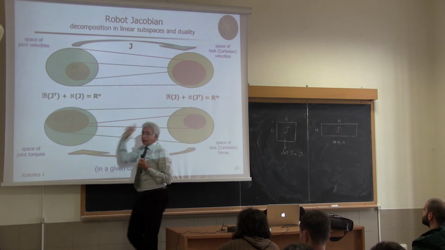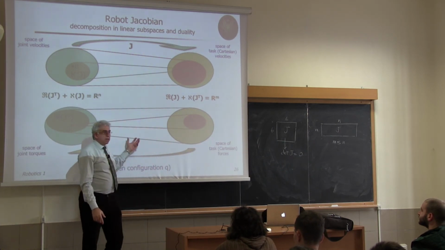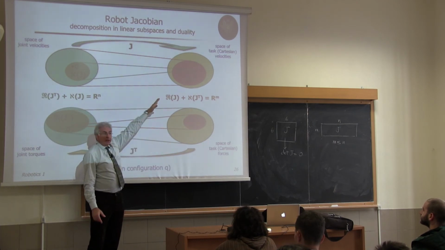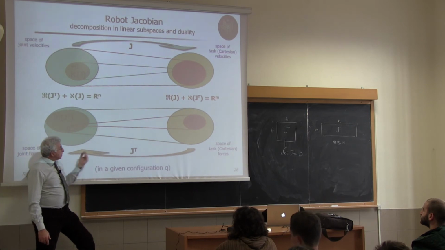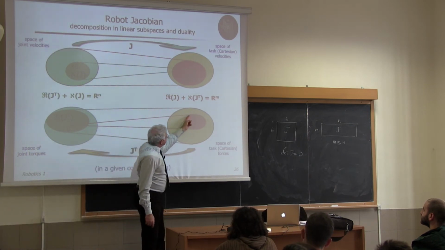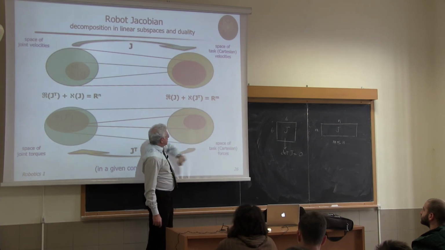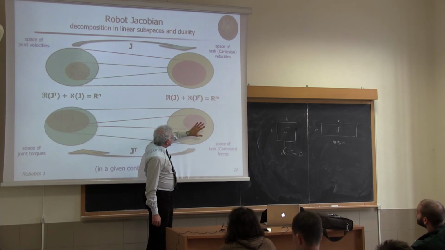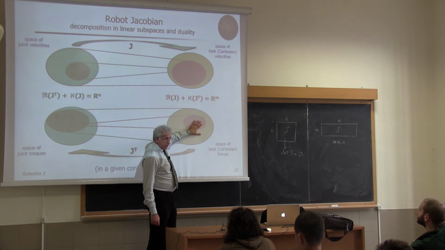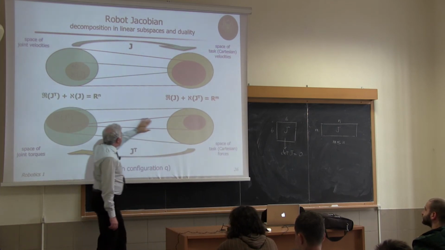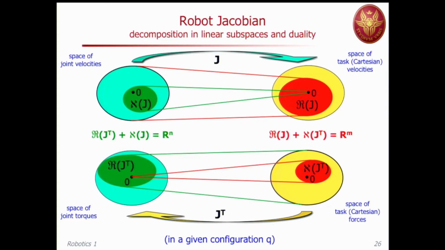So these two relationships are known from linear algebra, and in robotics can be interpreted as the J mapping in terms of velocity and the J transpose mapping in terms of forces. So if I'm considering the null space of J transpose, something in the Cartesian space, this will be a subset of Cartesian forces that are mapped into zero joint torques. And we will see what this means.